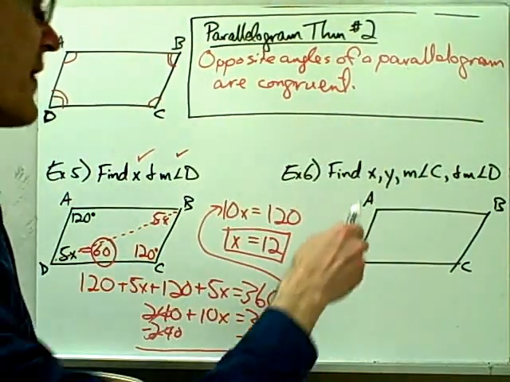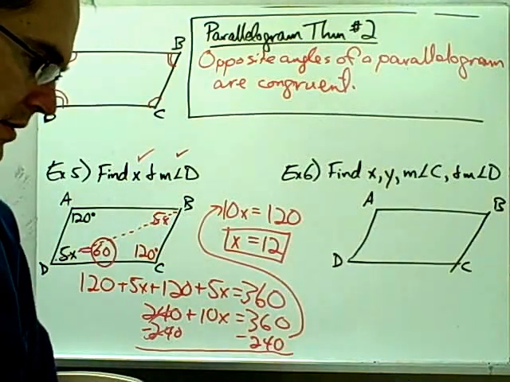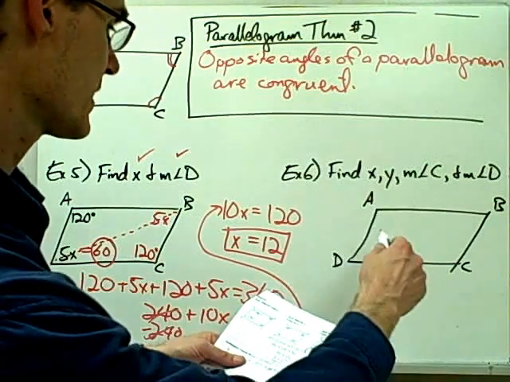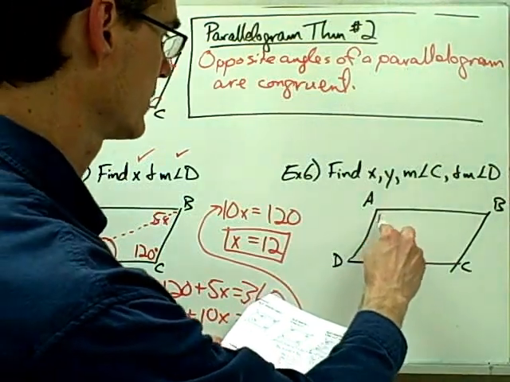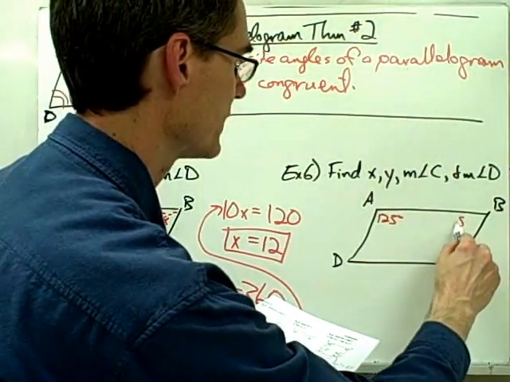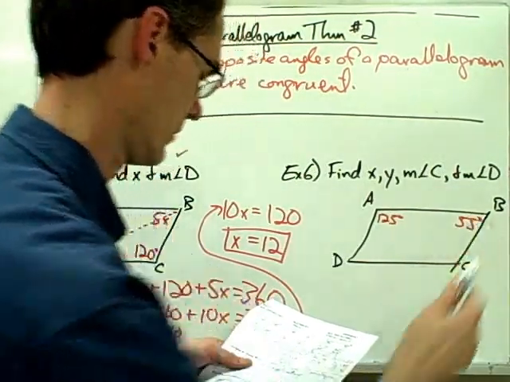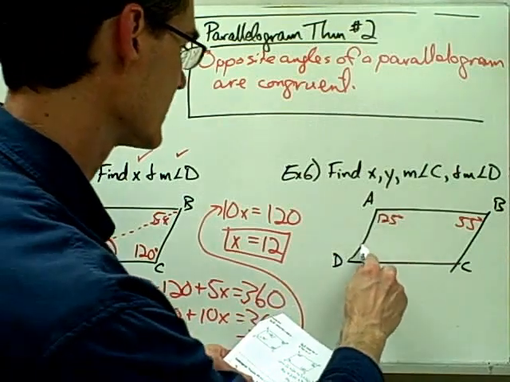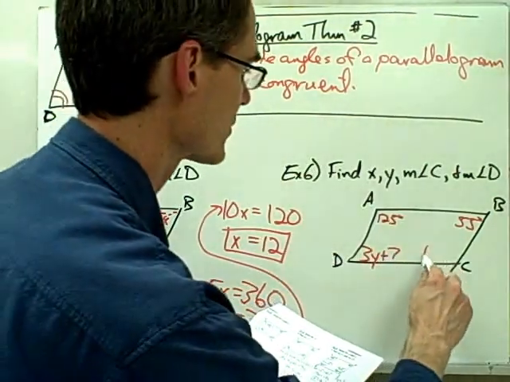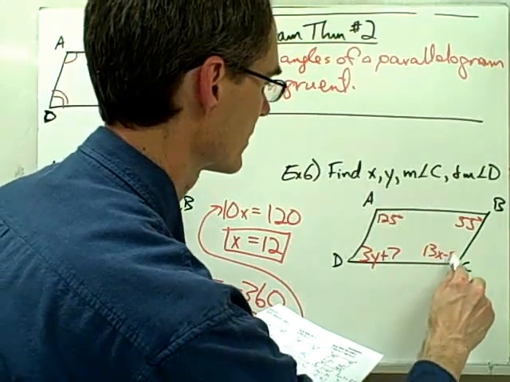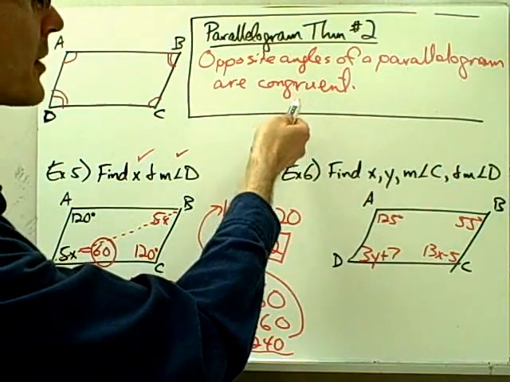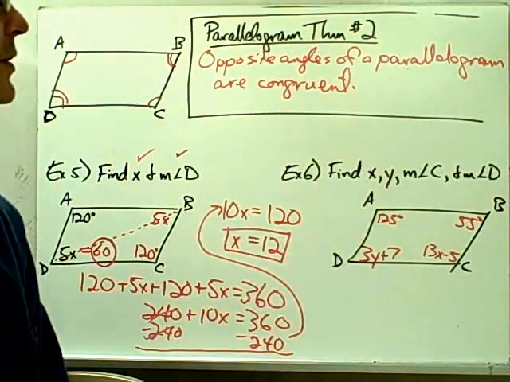Example number 6 says find x and y, and I think I'm missing some values here in angle 6. Yes, I am. So in example 6, A is 125 degrees, B is 55 degrees, D is 3y plus 7, and C is 13x minus 5. So once again, I can use this property of parallelograms in my parallelogram theorem number 2.